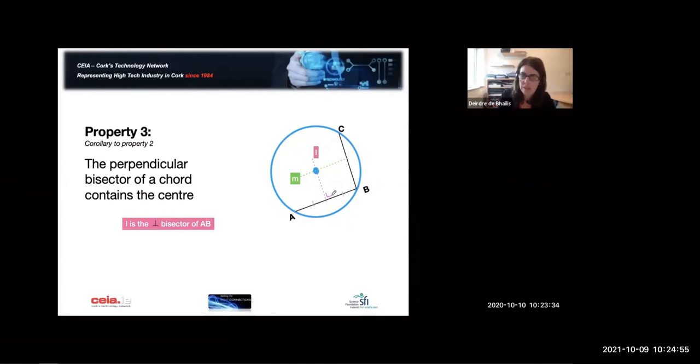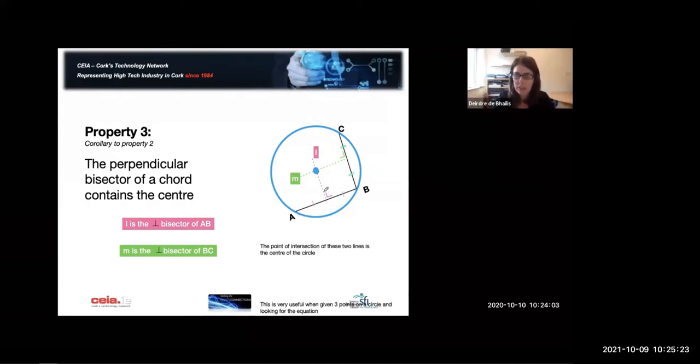So these two sides are equal. And it is the perpendicular bisector, so you have a right angle here. The line M is the perpendicular bisector of BC, so you have the same on the other line. And then the point of intersection. So if you can get the equations of both those lines and find the point of intersection, then you have the center of the circle.